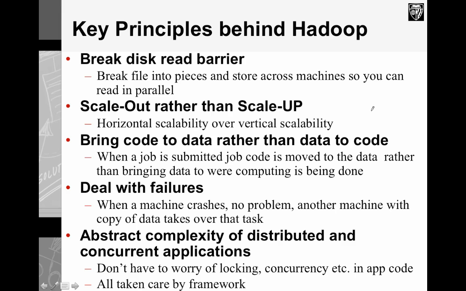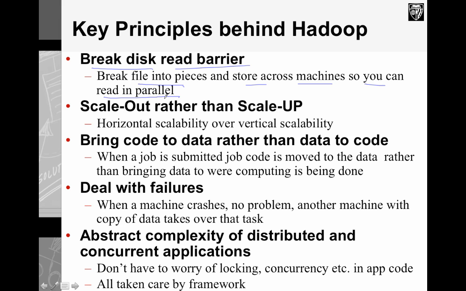What are the key principles behind Hadoop? It breaks what is called the disk read barrier. When you have a file, it takes the file, breaks it into pieces, and stores the different pieces across different machines so that you can read all these different pieces in parallel across multiple machines and process them locally.